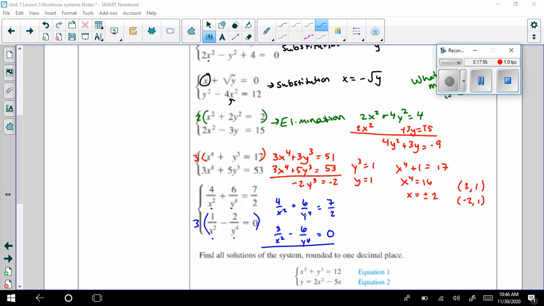And so those eliminate if we add these equations down. They go away. And then these have a common denominator, so it's just 7 over x squared. Those then add 7 over 2 plus 0 is still just 7 over 2. And so if they have the same numerator, they have the same denominator, x squared is then equal to 2, and x is equal to plus or minus the square root of 2.